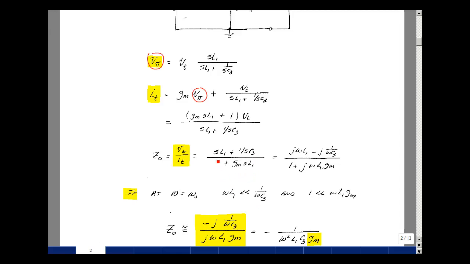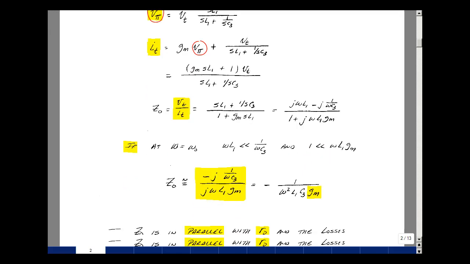Let's plug in the fact that we're looking at a single frequency for our oscillator. Replace S by j omega: L1 minus j over omega C3, and then 1 plus j omega L1 times GM. Now suppose that at our resonant frequency this term is smaller than this term, so I could throw it away, and that this term is smaller than this term. In other words, omega L1 is much less than 1 over omega C3, and 1 is much less than omega L1 GM.